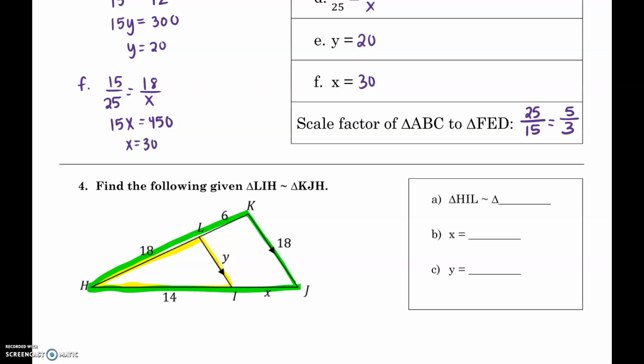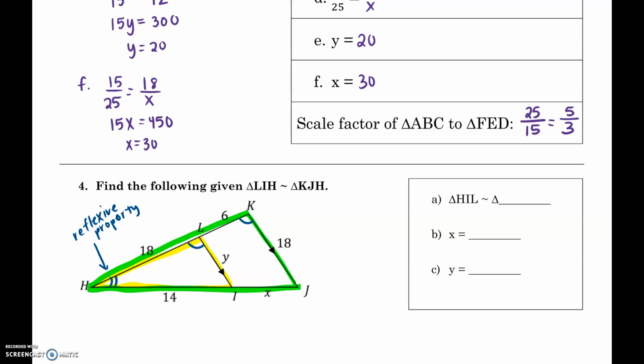First of all, these parallel lines give us these corresponding angles that are congruent. And secondly, the reflexive property tells us that angle H is congruent to itself, because it appears in both triangles. So the angle-angle postulate helps us prove that these triangles are similar.